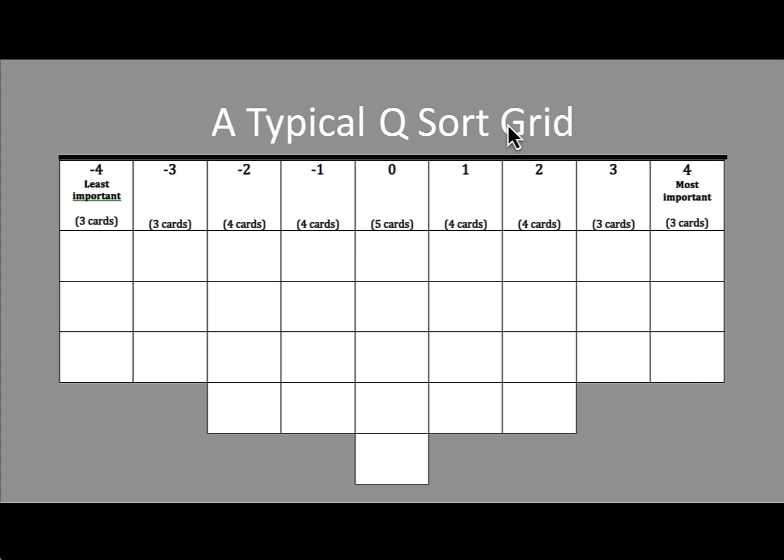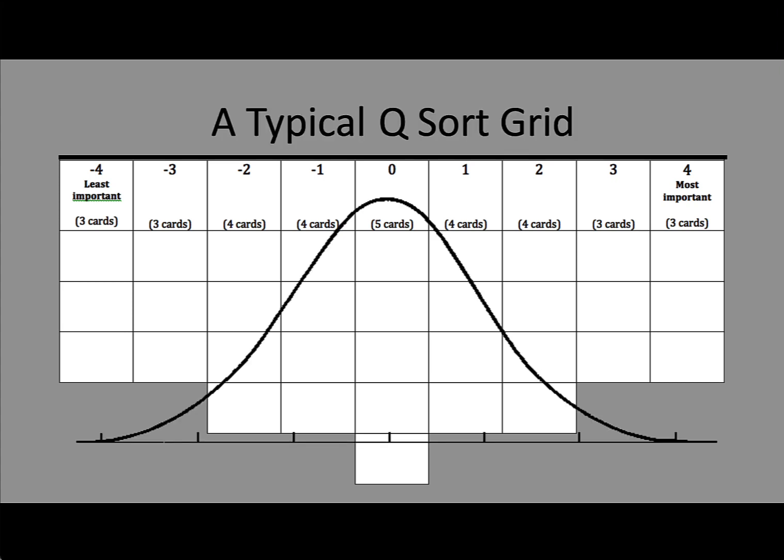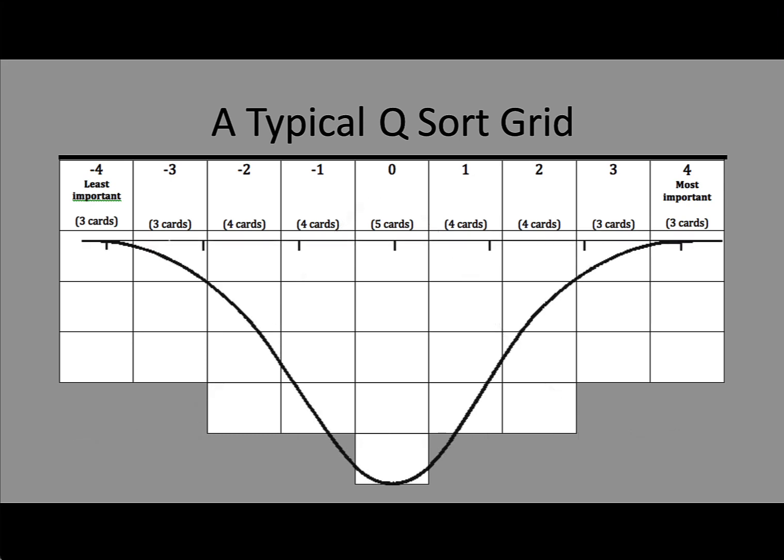This should remind you of something, namely a normal curve. In fact, if I invert the normal curve, you get this classic shape where you have very few statements on the far left and the far right, and lots more in the middle. Each statement could go in one and only one of those grid boxes.